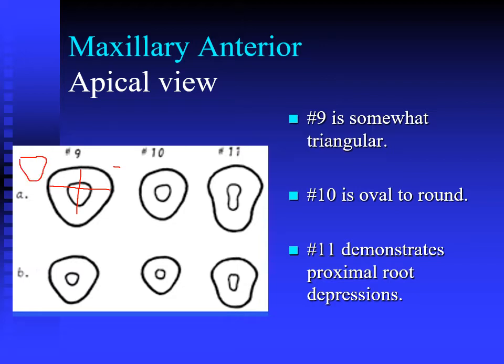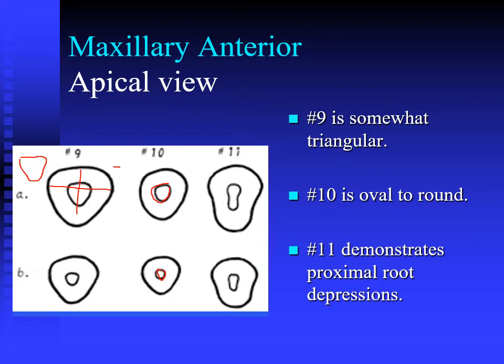And then we have an oval to round cross section at the cervix for the maxillary lateral incisors. Again, a triangular root canal form or pulp chamber form at the CEJ for the central. Again, more rounded or oval in the lateral incisor, and then of course it gets more round as we go down further into the root structure.